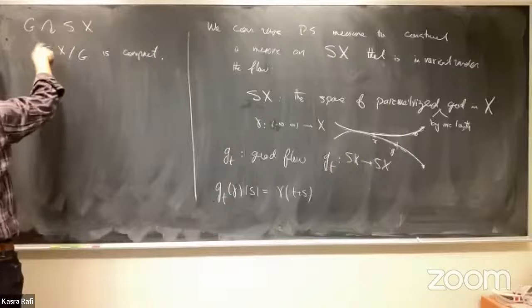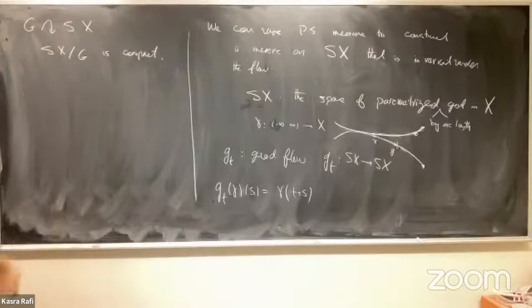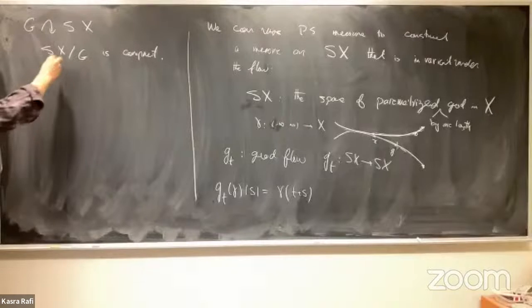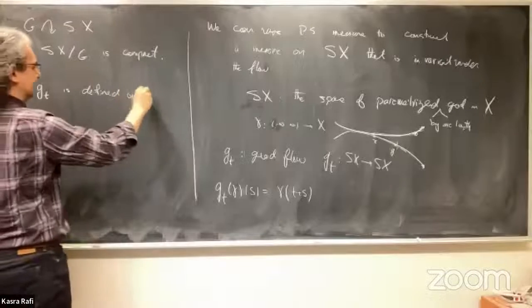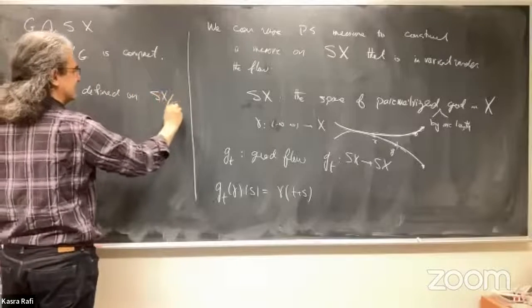At each point the space of directions is compact, so this is going to be very compact. And then we have a geodesic flow here also, right? GT is in fact defined on this Sx divided by G.